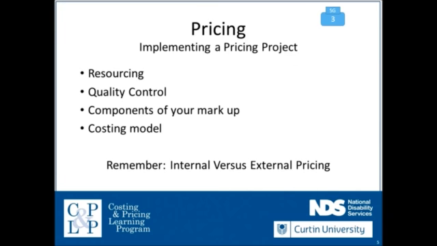Then I guess the other aspect that's very important and should again be considered in the context of the materials in the Costing and Pricing Learning Program, and particularly Seminar 5, which looks at costing and pricing using the Curtin NDS tool. It's very important for you to come up with a costing model that makes sense for your organisation, taking into account its size, its complexity, relative turnover, and also how much time and capacity you have in populating it.